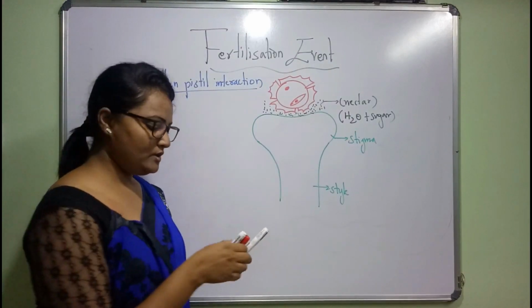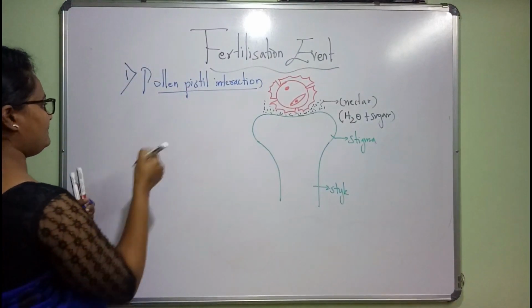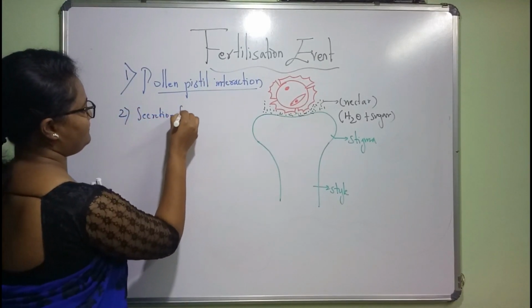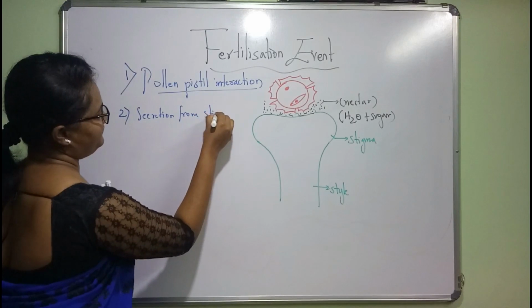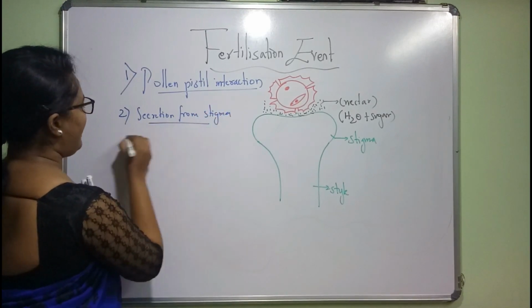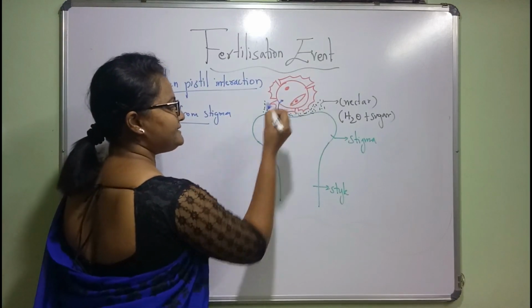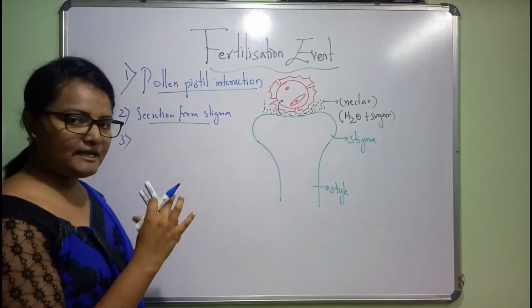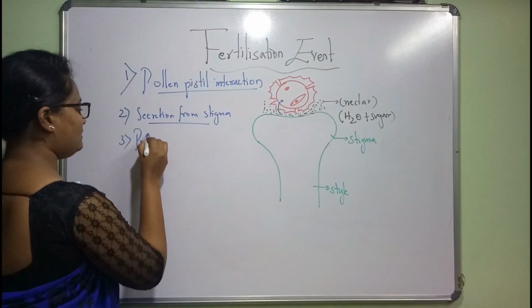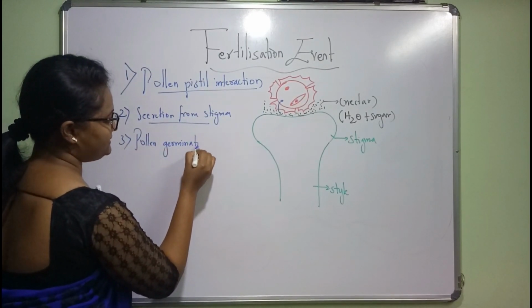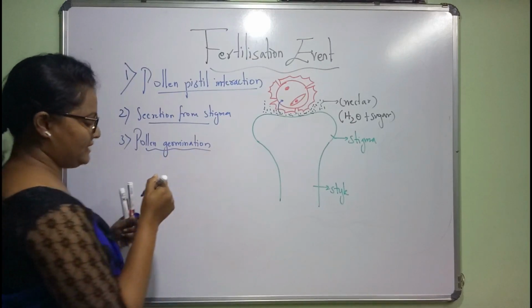So the next step is secretion from stigma. After the secretion, some secretions will go inside the pollen grain and the pollen grain undergoes germination process, that is pollen germination.